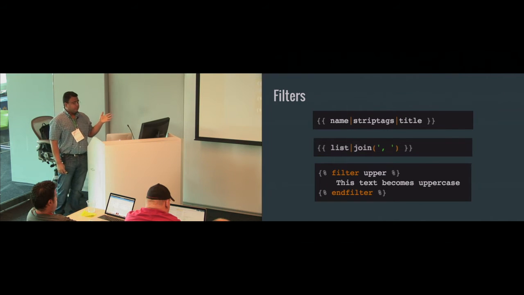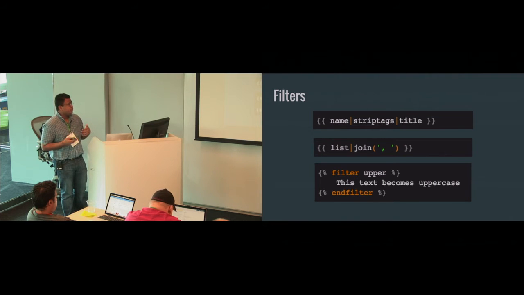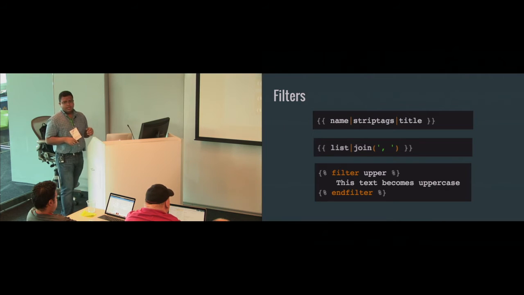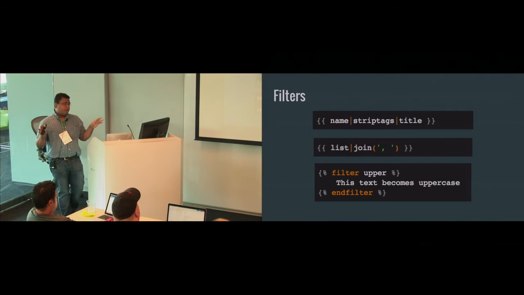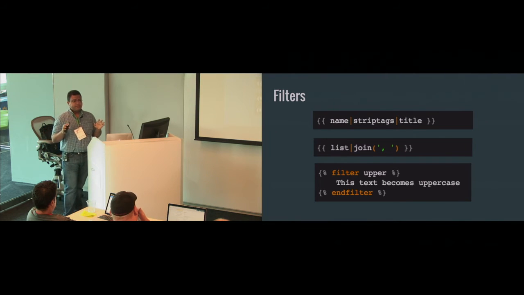We also have filters, and this is where Twig starts to become really useful and really powerful. Let's say we have a name variable that contains some user-entered input. Maybe it has HTML inside. We can strip the tags from that and just have the content. And then we can process that to be like a title, so every word will be capitalized.